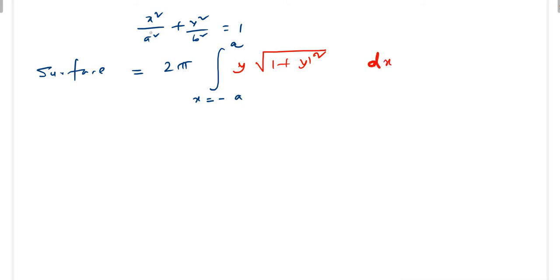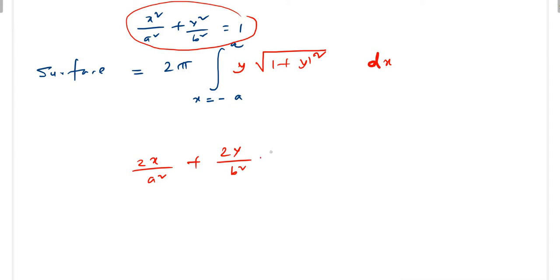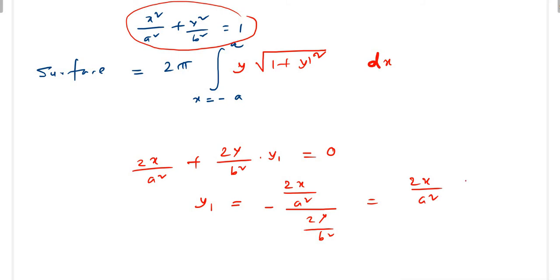dx. So from this equation, just differentiate both sides. 2x by a square plus 2y by b square into y1 equal to 0. So from that, y1 equals minus 2x by a square by 2y by b square, that is minus 2x by a square into b square by 2y.